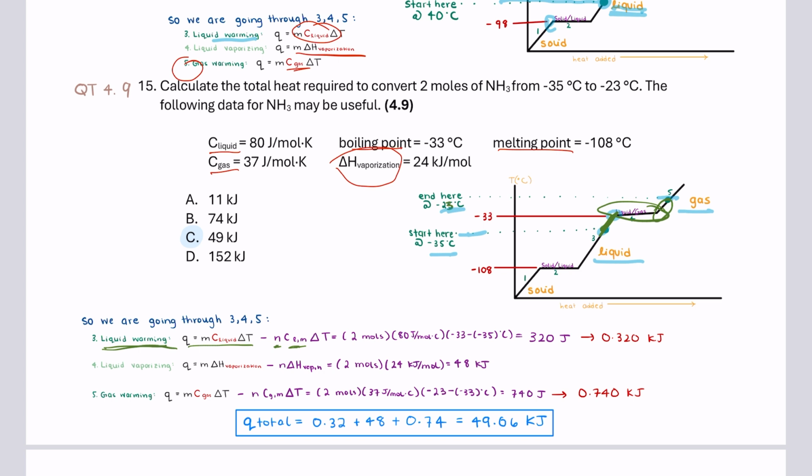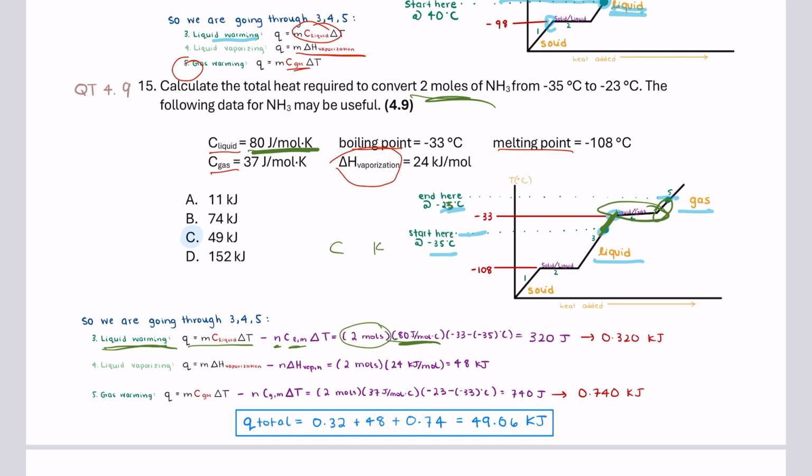Let's plug in the values. n is equal to 2 moles. The specific molar heat capacity for liquid ammonia is equal to 80 joules per mole per Kelvin. So we plug that in. Now, we've discussed in previous lectures that for delta T, you can use either Celsius or Kelvin.